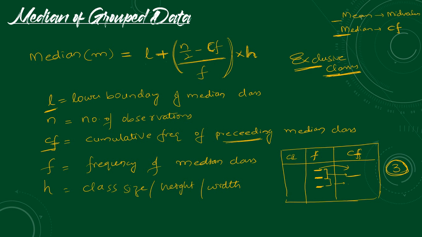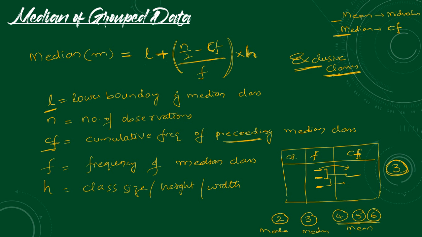From this we can conclude that for mode we require 2 columns, for median we require 3 columns, and for mean we require 4, 5, or 6 columns. For mean there are 3 different methods, so different numbers of columns are required.